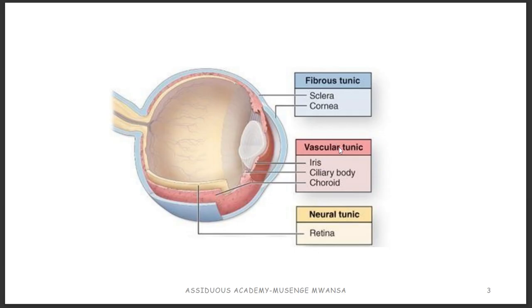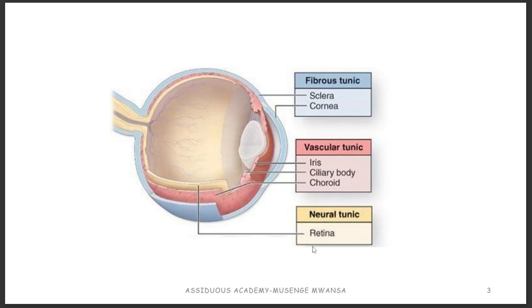Then the second layer is the vascular tunic, the tunica vasculosa, which has the choroid posteriorly, and then as we go anteriorly, the ciliary body, and then the more anterior portion, the iris, which leaves a space in the middle, the pupil. And then the innermost layer is the retina.